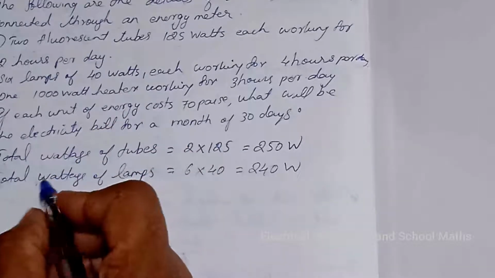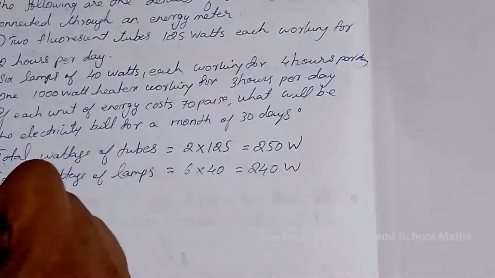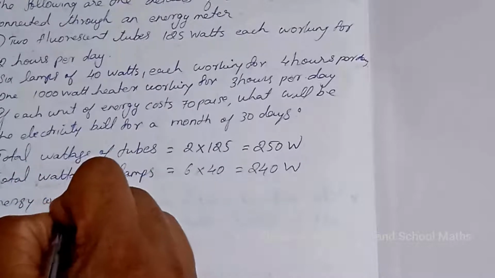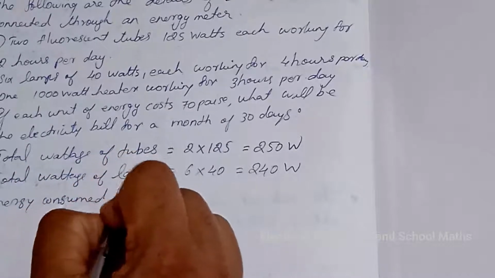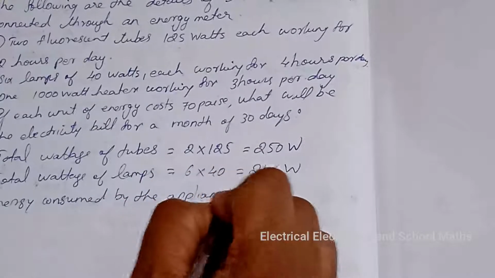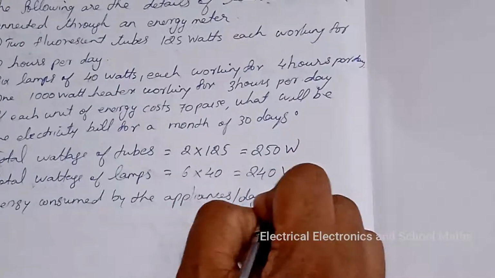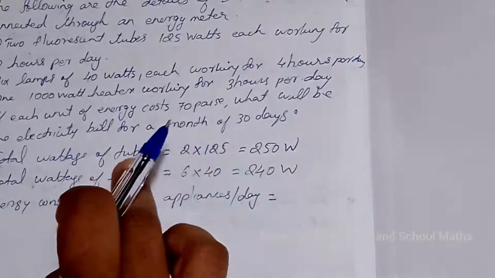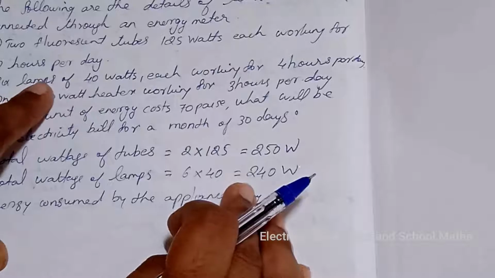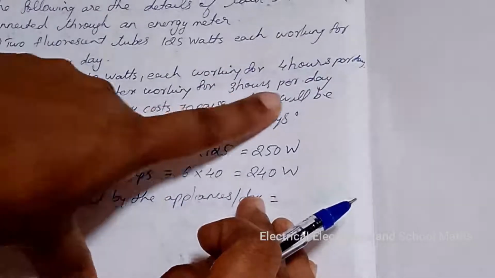So the energy is power into time. So the energy consumed by the appliances per day is, the tube works for 2 hours per day, the lamp works for 4 hours per day, and the heater works for 3 hours per day.